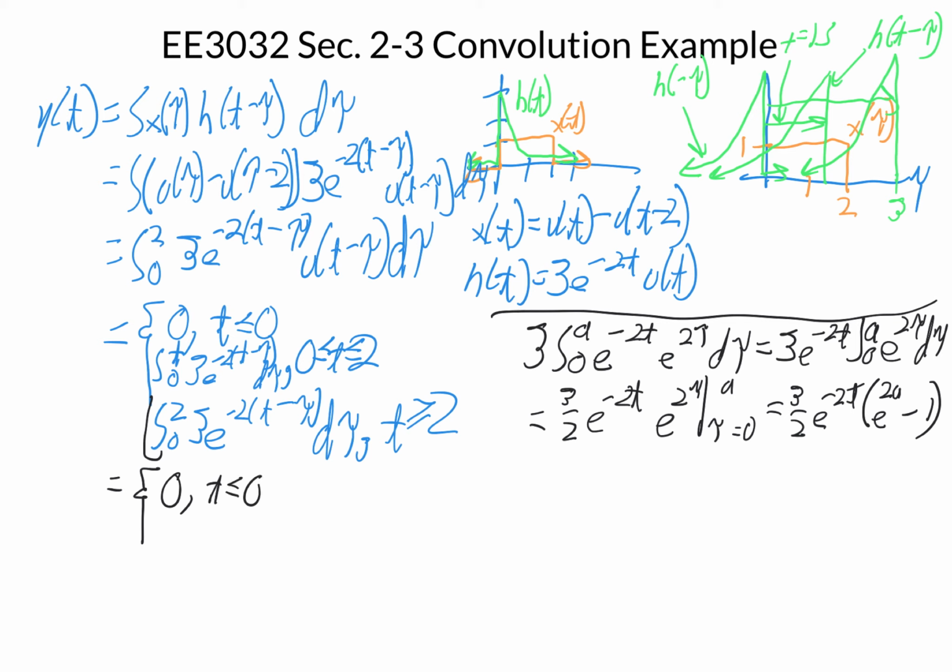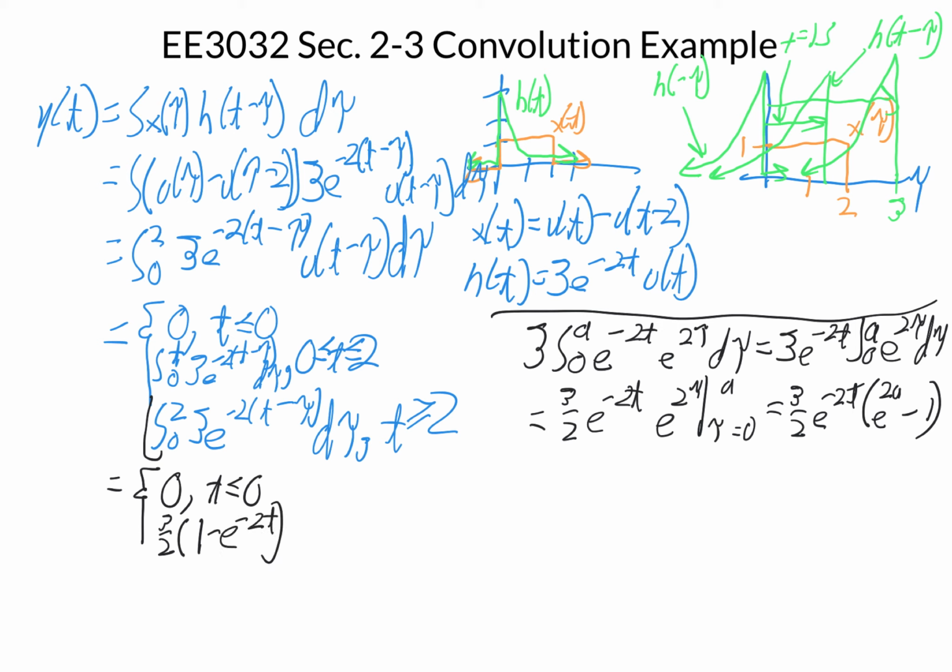So the first integral is the one from 0 to t, so the parameter a is equal to t, and I see I have 3/2 e to the minus 2t times the quantity e to the 2t minus 1. So let me just multiply through the e to the minus 2t. I multiply that times e to the 2t, that's just 1, and then 1 times e to the minus 2t.